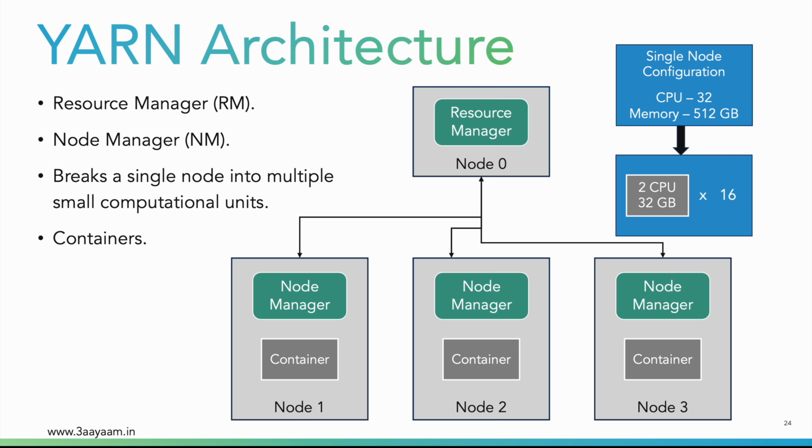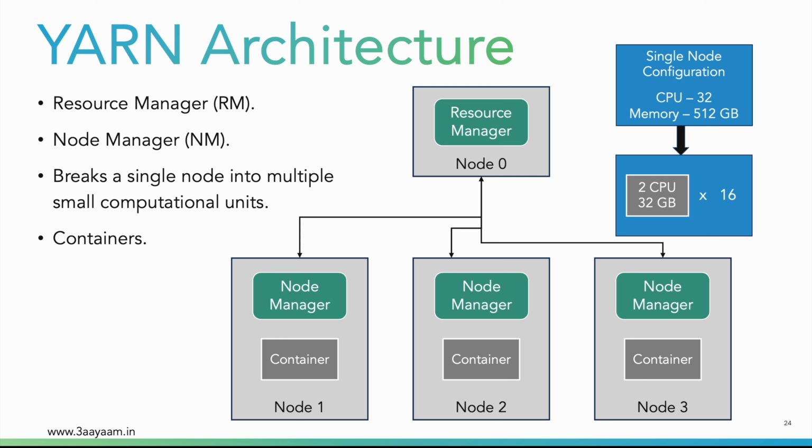Let's say you have submitted a single Spark application, and that Spark application is running in all these nodes. If there are no smaller computational units, that Spark application would consume the entire 32 CPUs and 512 GB of RAM, even if the Spark code does not need so many resources. So that's why YARN breaks a large server or node into small computational units, so that the allocation can be done using these small units.